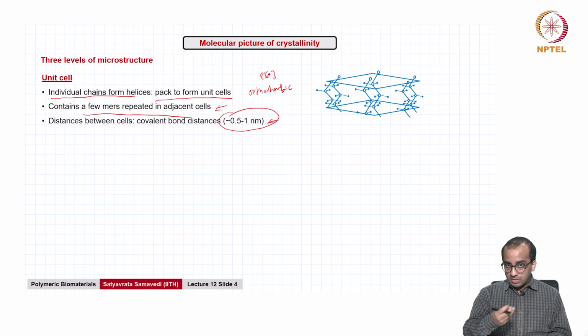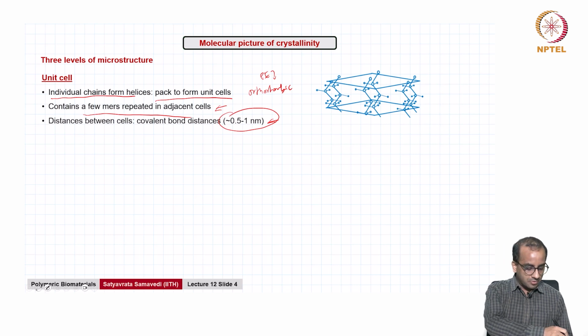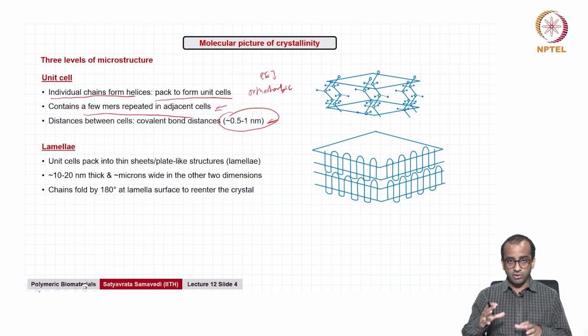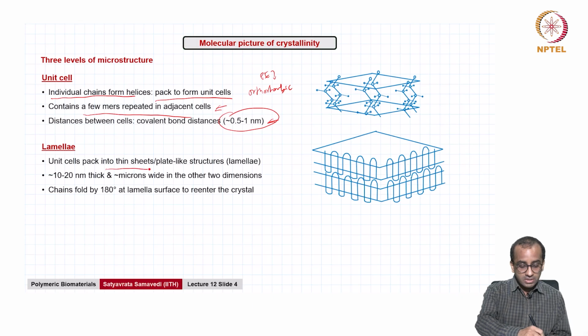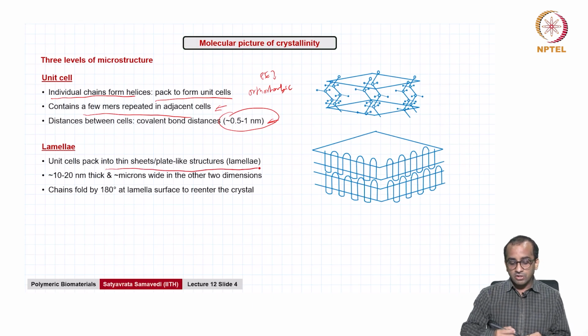Now, when you zoom out a bit, let us say you are focusing in with the camera and you are slowly coming out, you will start to see that because of regular ordered arrangements, these unit cells can pack together into thin sheets or plate-like structures, which are called lamellae, which is just a name for the ordered structure that is found in polymers.